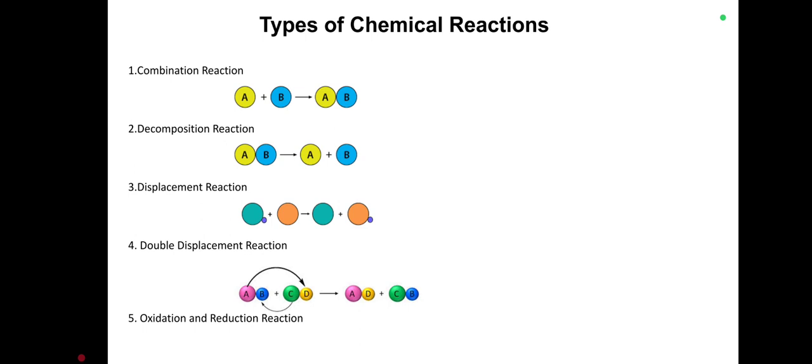First one is combination reaction, second one is decomposition reaction, displacement reaction, double displacement reaction, oxidation and reduction reaction. So in this video we are going to see what is this combination reaction, and we will be discussing different examples for combination reactions. So let's get started.